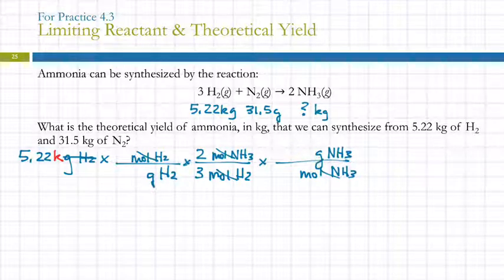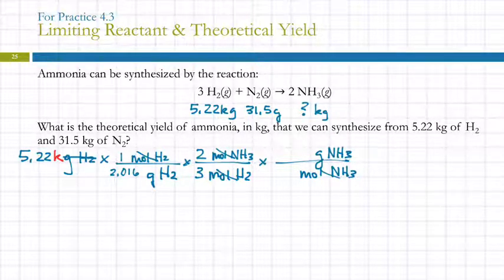The first and last terms are molar masses. We should be getting accustomed to doing those. H2, that one's pretty easy. It's just 2 times the mass of hydrogen. So that's 2.016 grams per mole of hydrogen.